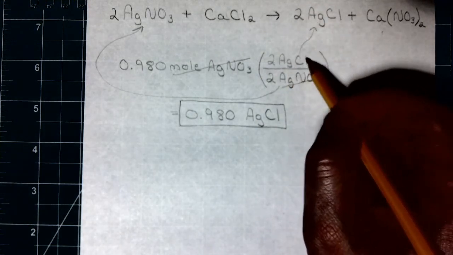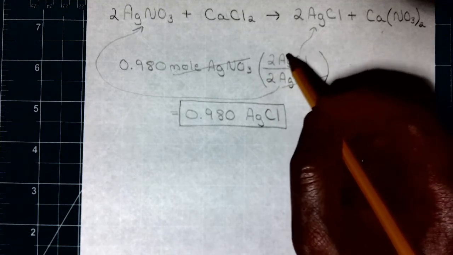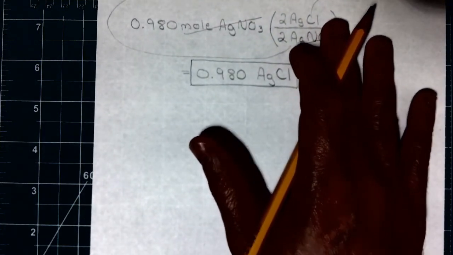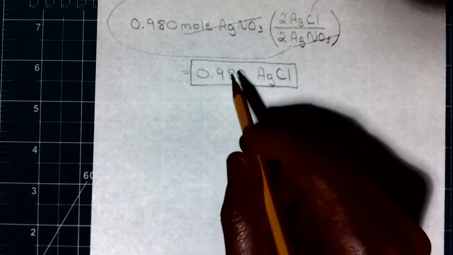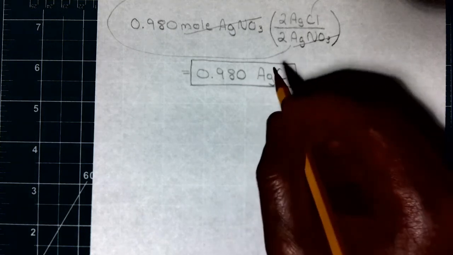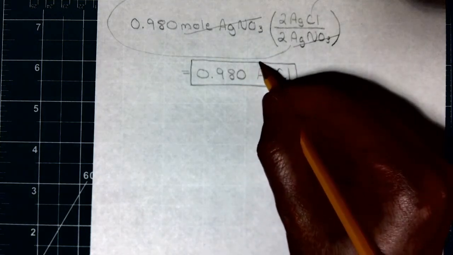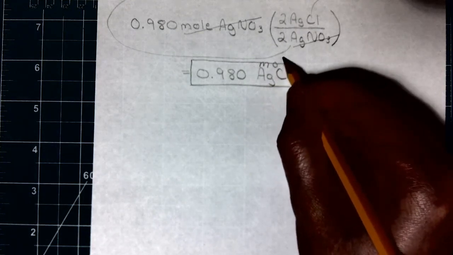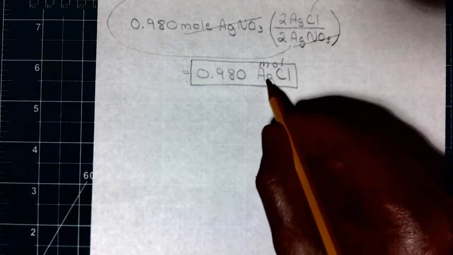I'll put that up in the numerator here. And then I can see that I will produce 0.980 moles of silver chloride.